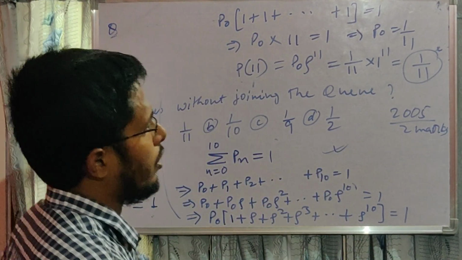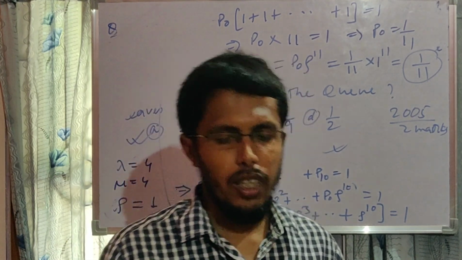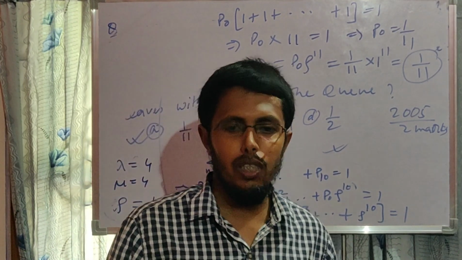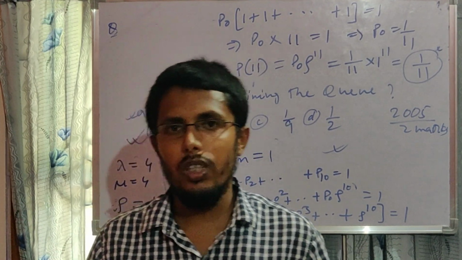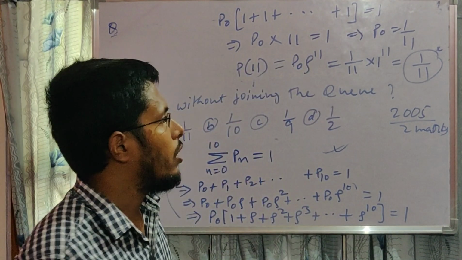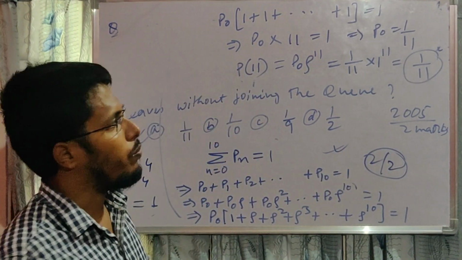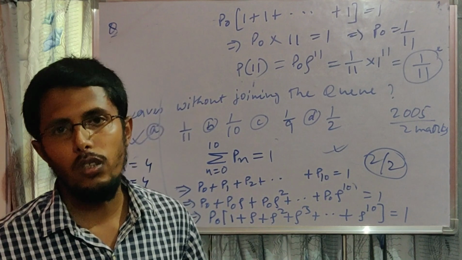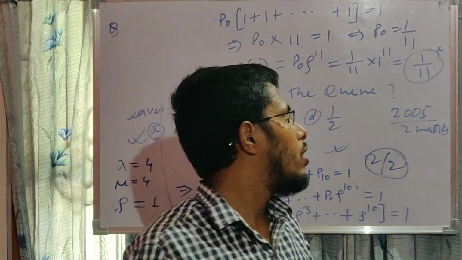I think you have understood all the things. A very small chapter, interesting one, and a scoring chapter. You can easily score 2 out of 2 marks from this chapter, and this chapter is very important from the point of view of GATE.